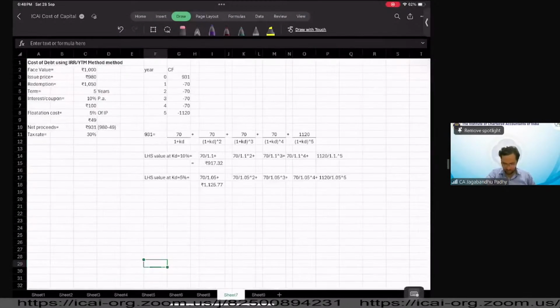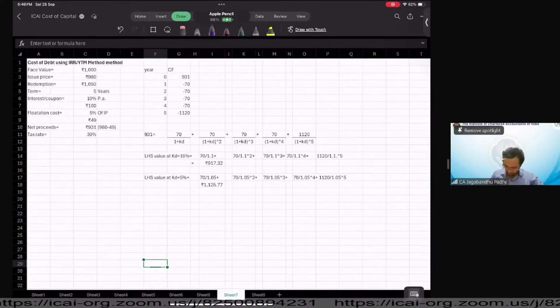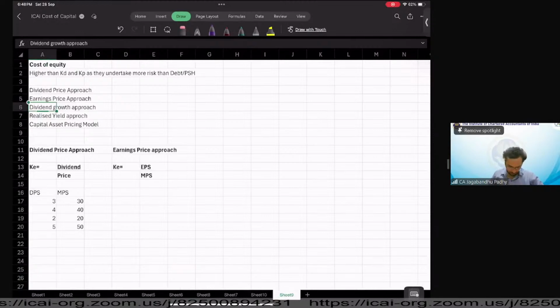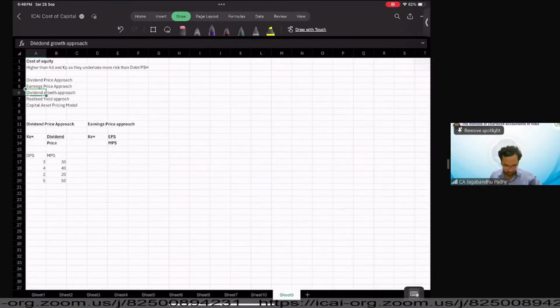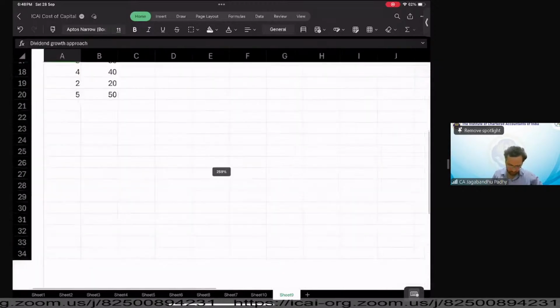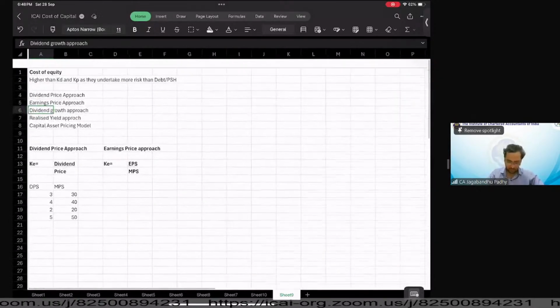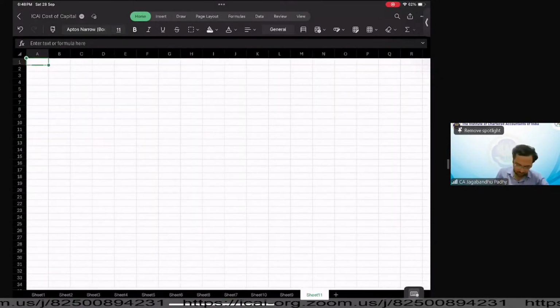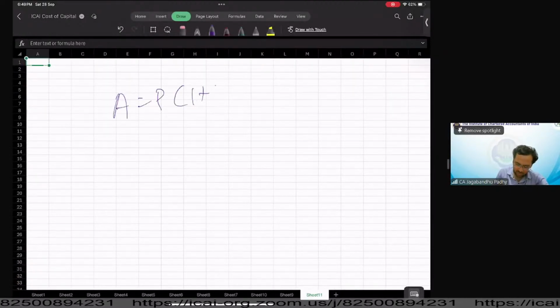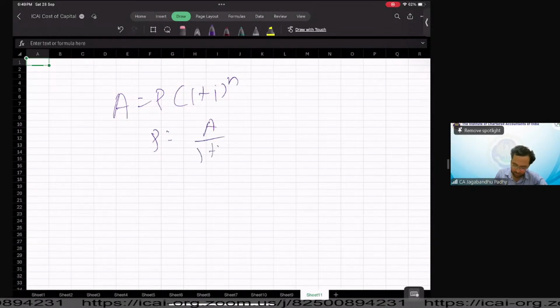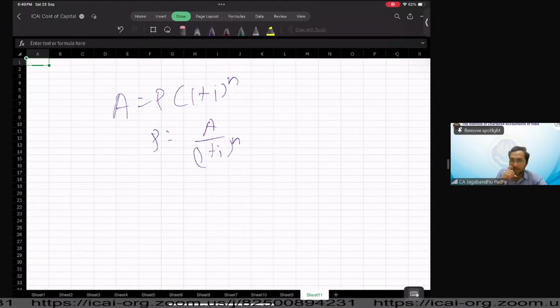So how do you get the present value then? You know, A is equal to P into 1 plus I raised to N. If you want the present value, it will be A divided by 1 plus I raised to N. And when it is equity shares, I will be the cost of equity.